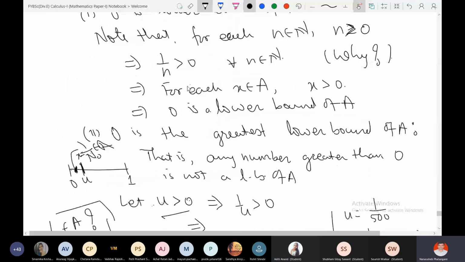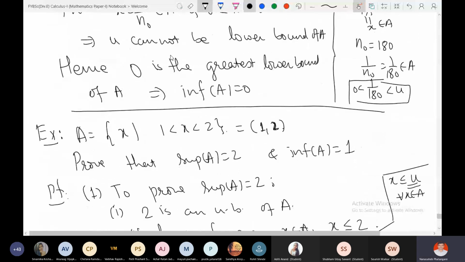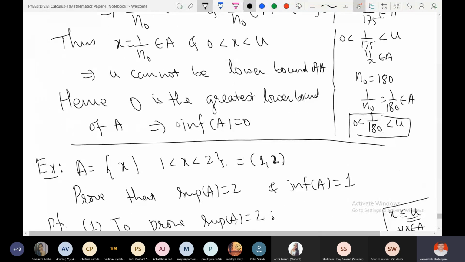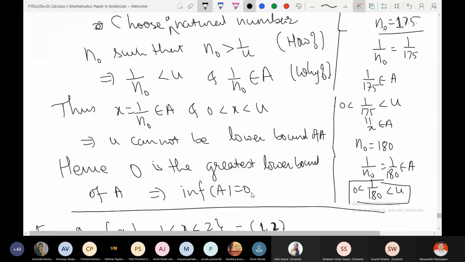Yes, sir. Okay, forget about the notation A here. I am calling A this interval and X this set. But what is the infimum of the set 1 by n? 0. That we have already proved. Is it correct or not? Yes.